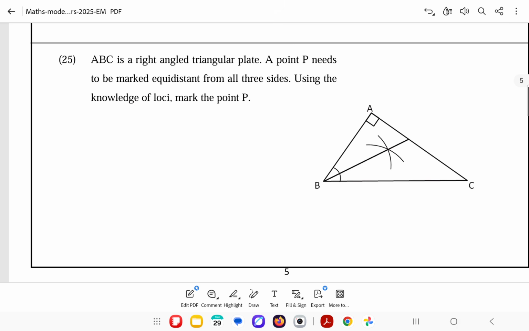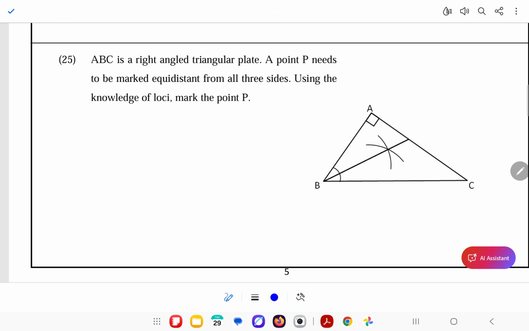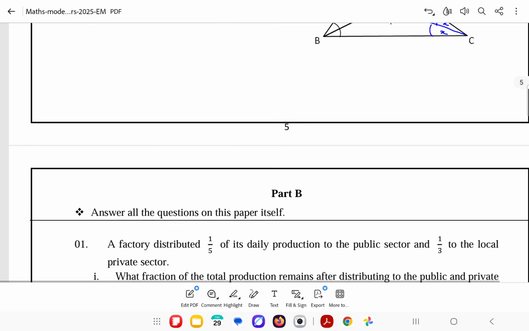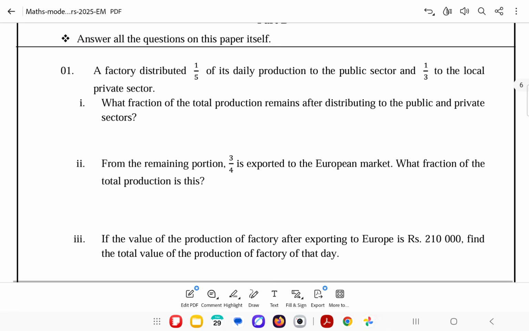Mark the point P. Right, so mark the angle bisector from C. Then the intersection point is P. So this will be P. So mark the angle bisector of that C angle. Right. Then look at part B.